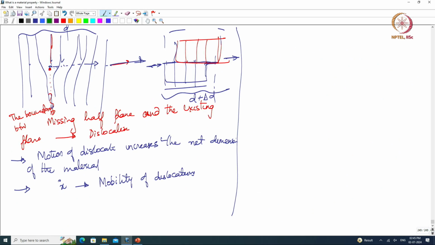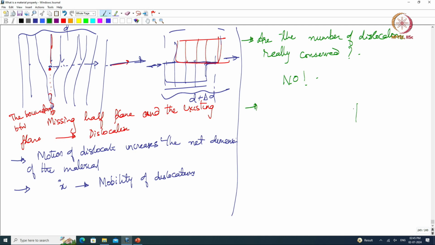Okay. Now, is the flux of dislocations really conserved? Sorry, are the number of dislocations really conserved? The answer is no. Dislocations can be created.